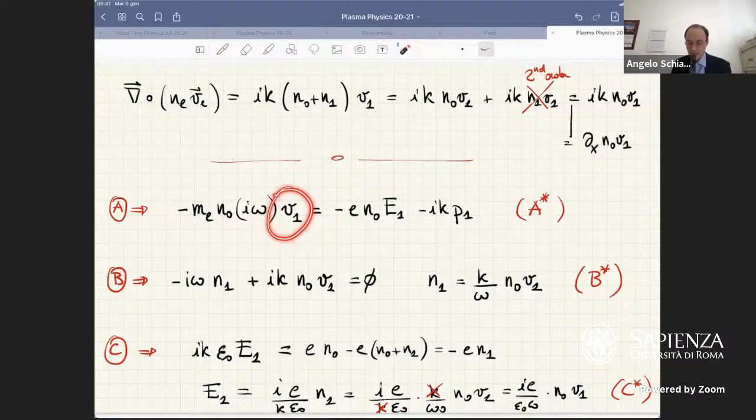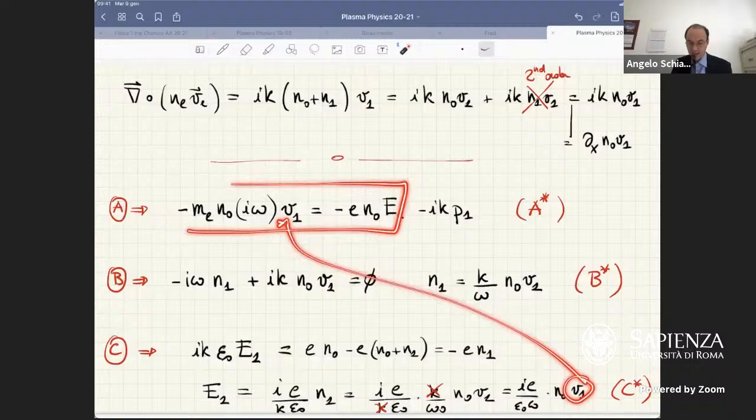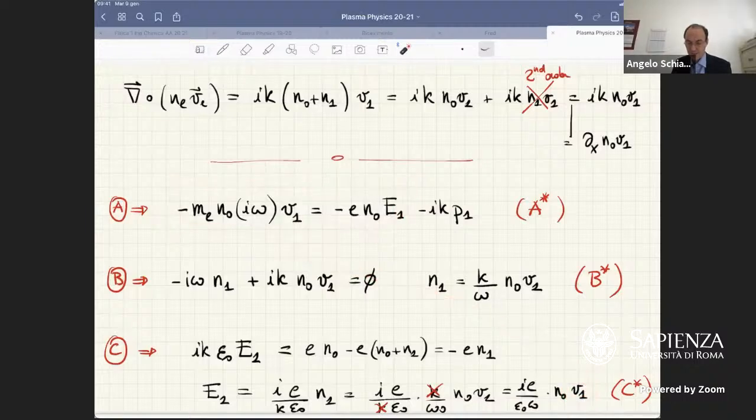So we can solve for v1 and plug it in here. So we can have just two terms that are expressed as a function of electric field. What is missing here is p1. Actually, what we are going to do is express everything else as a function of the velocity, v1.